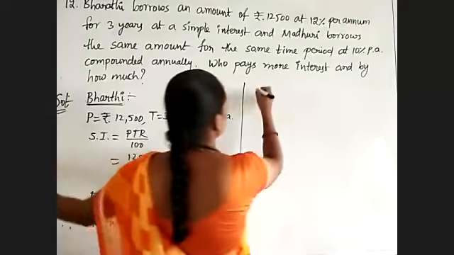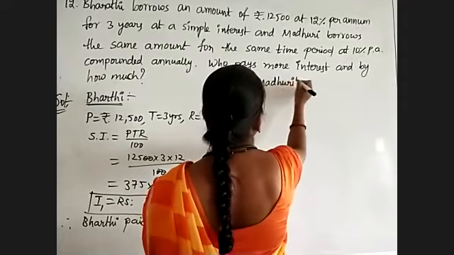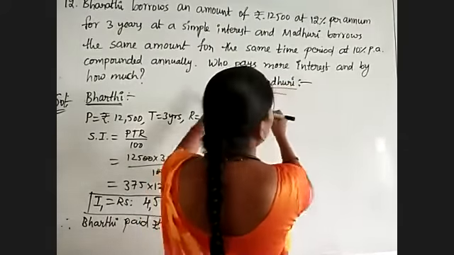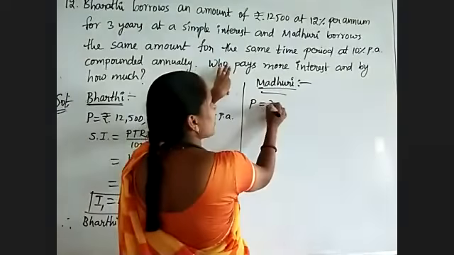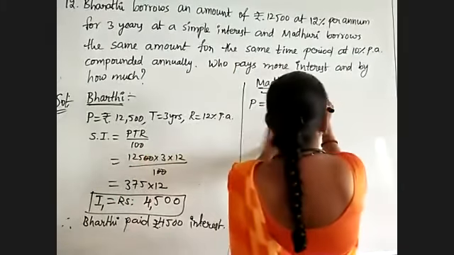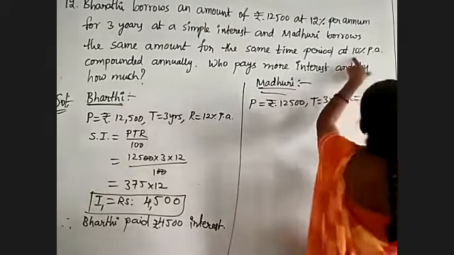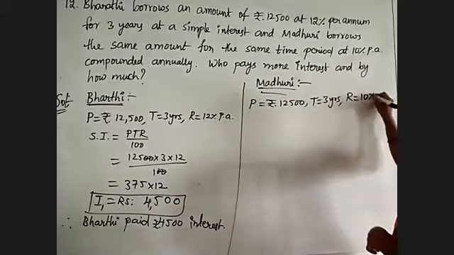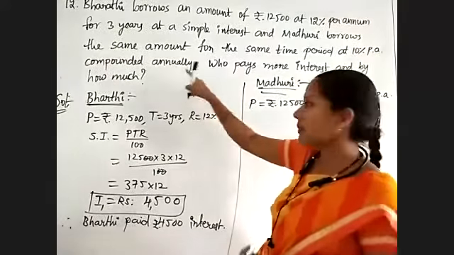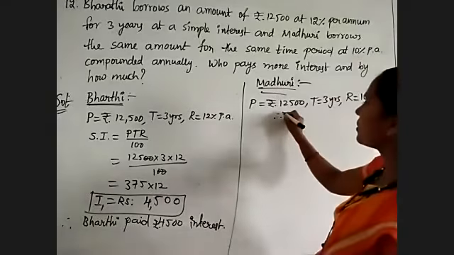Okay, now coming to Madhuri's interest. In the case of Madhuri, the same amount, that is P is 12,500 only. She also borrowed for the same time, T equal to 3 years, but the rate of interest is 10% per annum. And it is compounded annually, meaning the rate of interest and N will not change, so N is also equal to 3 years.